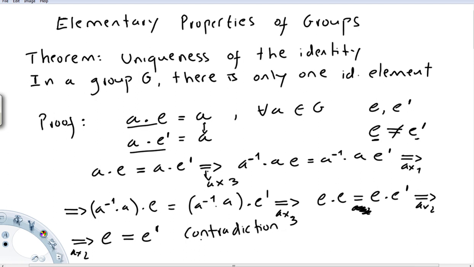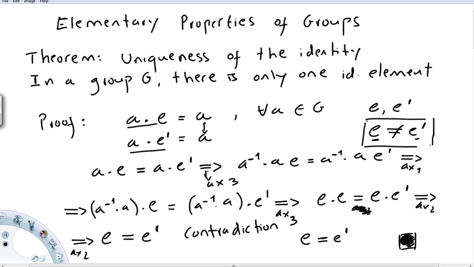We reached a contradiction, so we proved the opposite of what we said. What did we say? We said there were two identities and they were different. So that's not true. If there are two identities, they will be the same. And that concludes the proof.